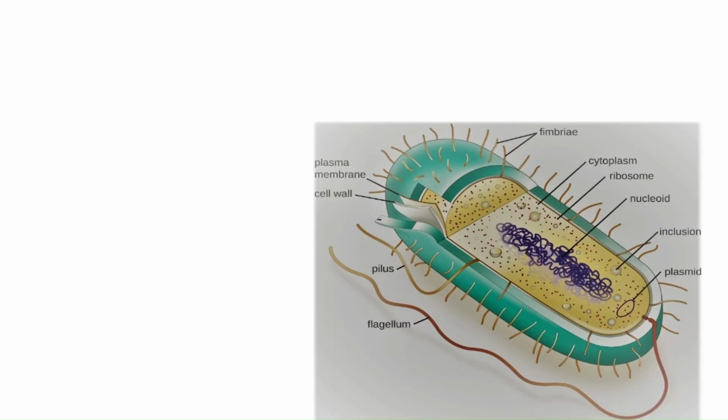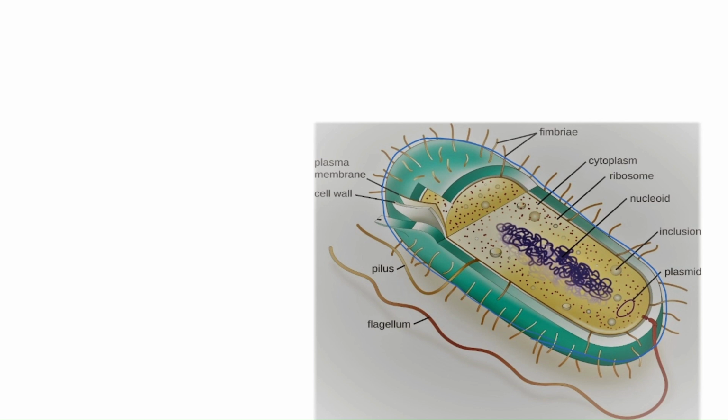Now look at the structure of the bacterial cell. The outer membrane is the outer boundary of the bacterial cell. This is the cell envelope, which creates the outer boundary. The cell envelope is a chemically layered complex structure that surrounds and protects the prokaryotic cell.